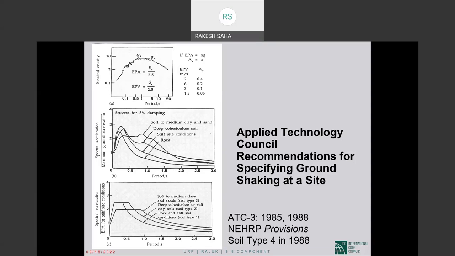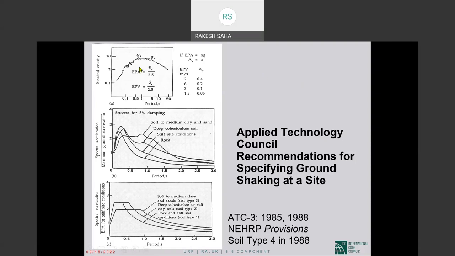And then the spectral pseudo-velocity divided by 2.5 gives us, again, a spectral quantity that is close to the peak ground velocity. And we call that effective peak velocity.